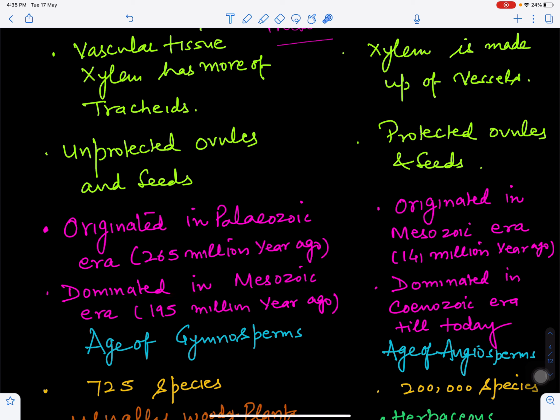They were most predominant in this era. इस इरा में उनको डोमिनेंट वेजिटेशन बोला जाता था क्योंकि बहुत ज़्यादा जिम्नोस्पर्म्स थे, तो this was called as Age of Gymnosperms. तो अगर हम बात करें एंजियोस्पर्म्स की, तो उनकी ज़्यादा जो डोमिनेशन थी वो सीनोजोइक इरा में शुरू हुई, आज तक चल रही है. So now we can say this is the age of angiosperms because angiosperms are found in a wide variety of conditions on the earth.